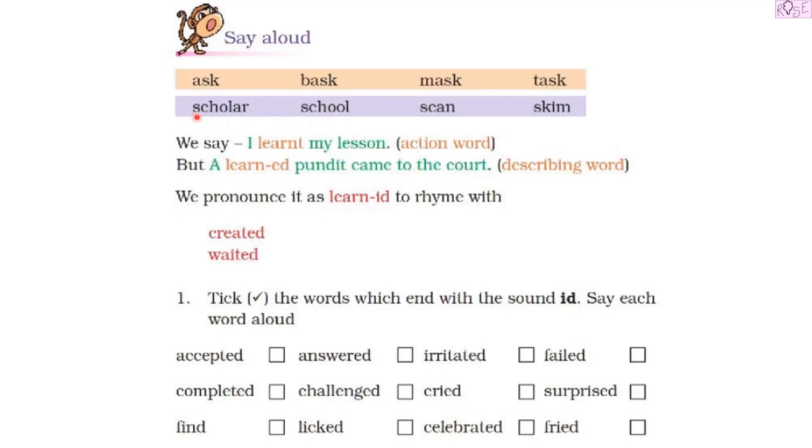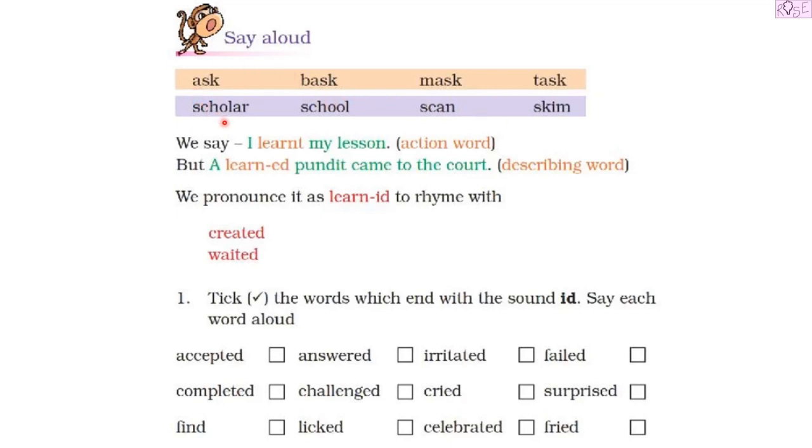In the word scholar, SCH is making the sound sk. In school also, SCH has been used to make the sound sk. In scan, S and C have been used, and in skim, just like task, mask, bask, and ask, S and K have been used to make the sound sk.